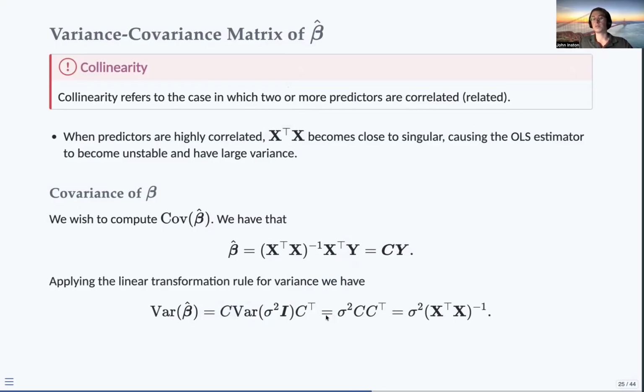And then just a bit of manipulation, the variance of sigma squared I, this is going to be sigma squared across all of the different diagonals. And so we can write in terms of CC^T, and then this simplifies to sigma squared times (X^T X)^-1.